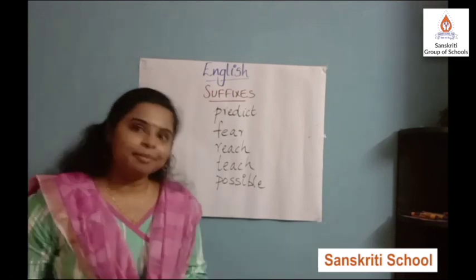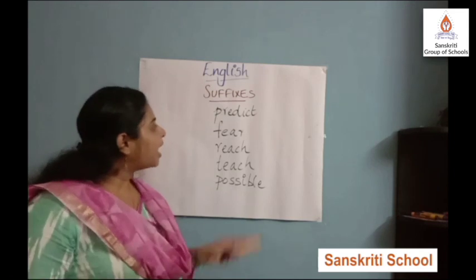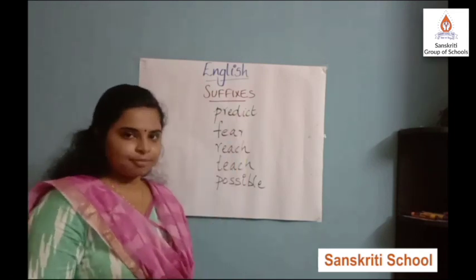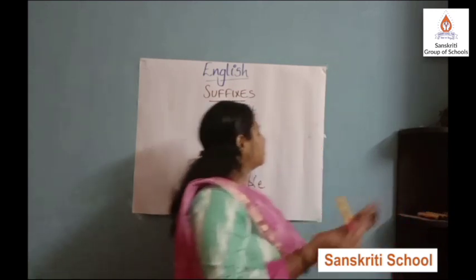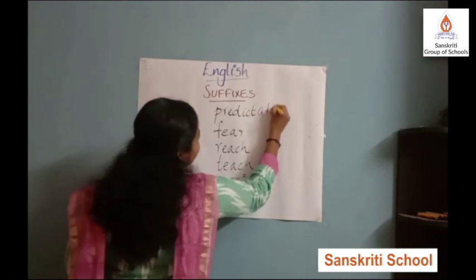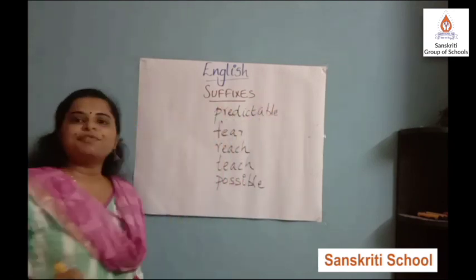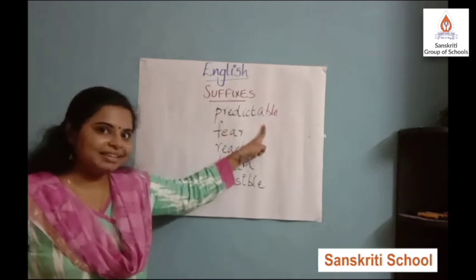Words which are very familiar, right? Now what I'm going to do is add certain letters to these words. Okay? Let's see. I'm going to add the letters A-B-L-E at the end of this word predict. It has now changed to predictable.